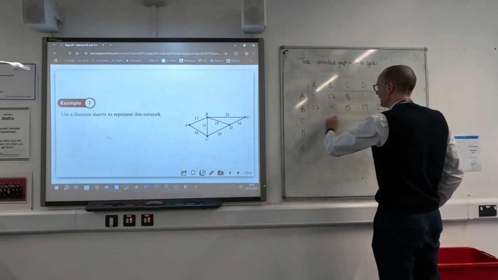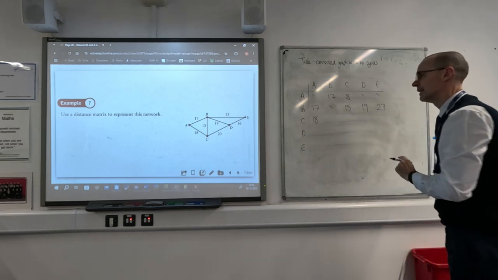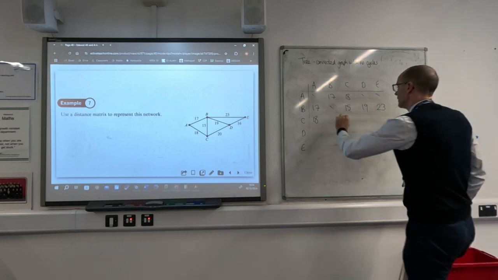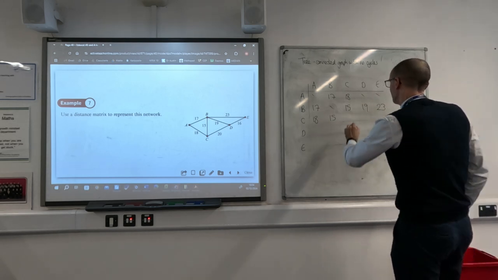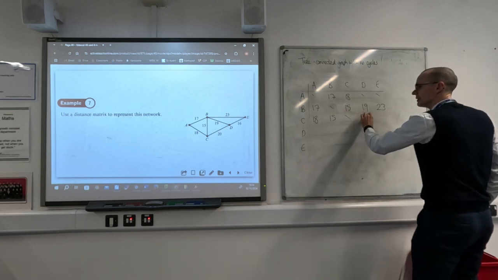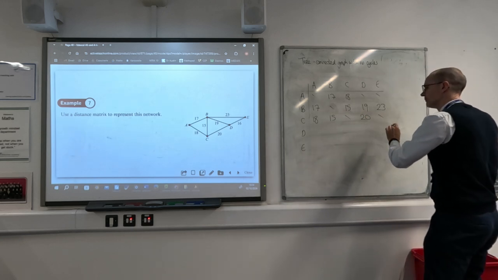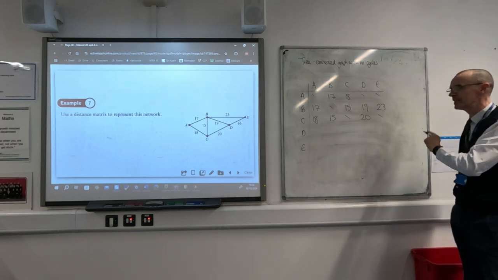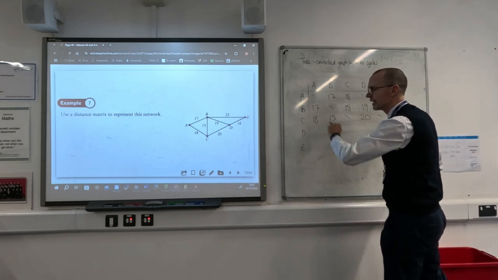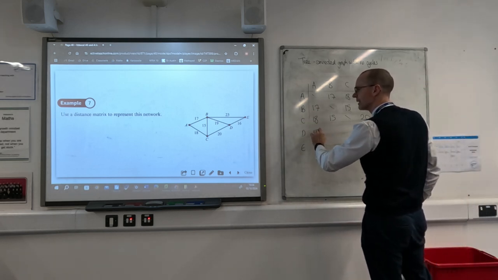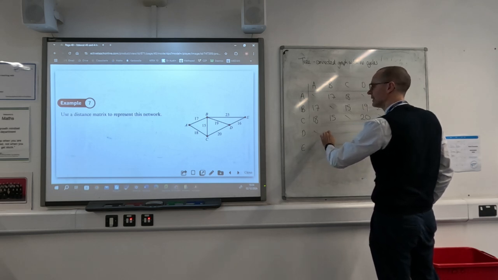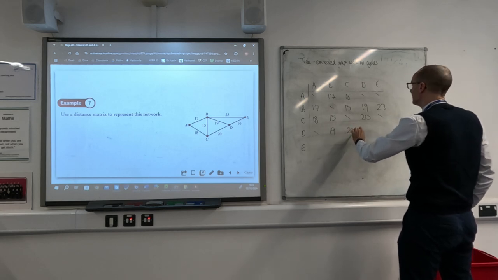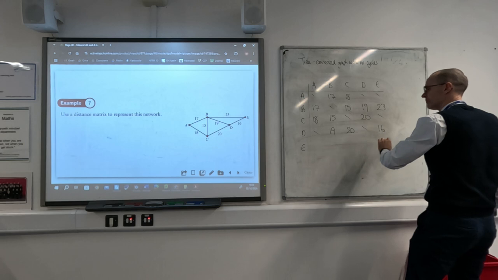So C to A, A to C, both 18. Now you can get from C to E, but there's not a direct connection, so we don't put 36 in there. We just put the direct connections. So that's not connected. That's 19. That's 20. 16.